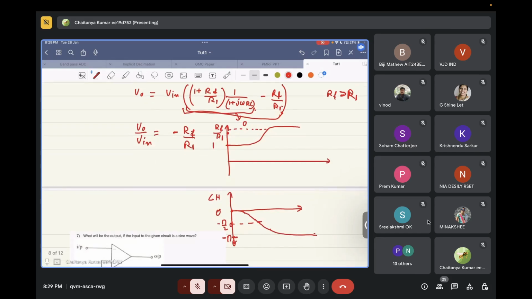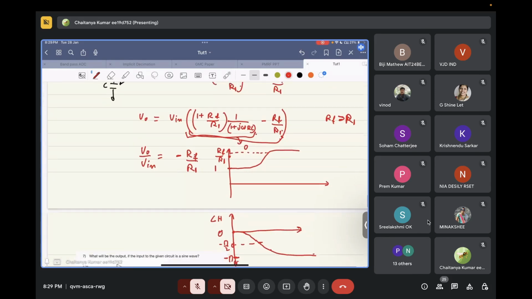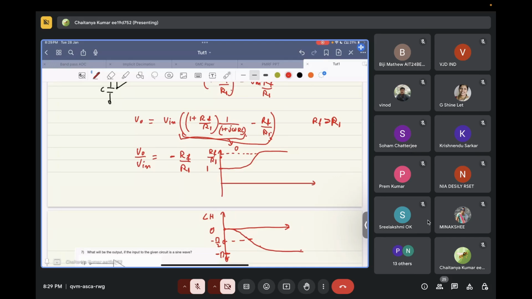So why will the phase keep on reducing all the time? This is homework that you guys will need to understand.